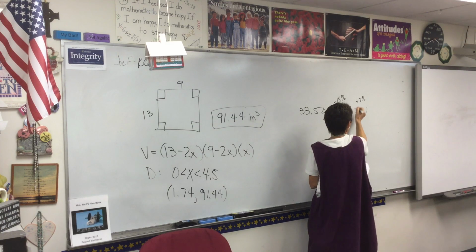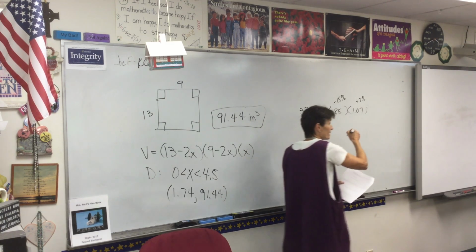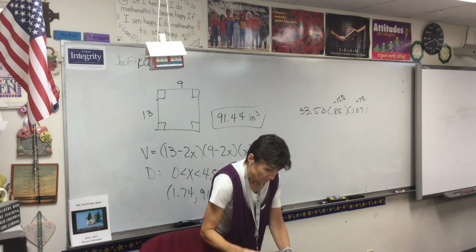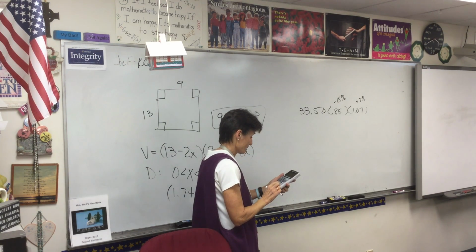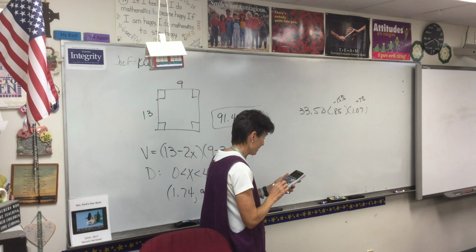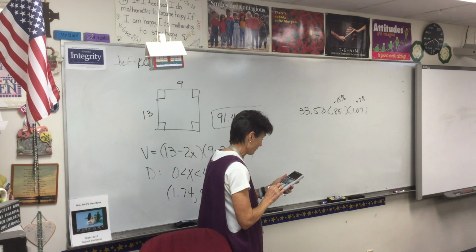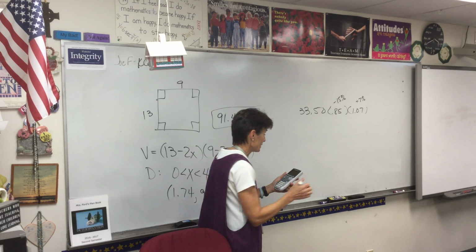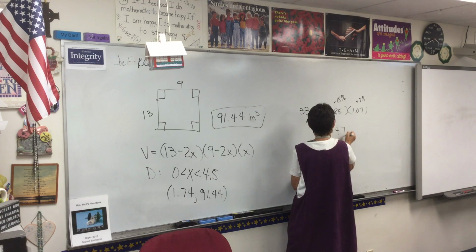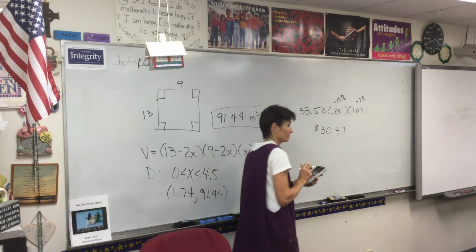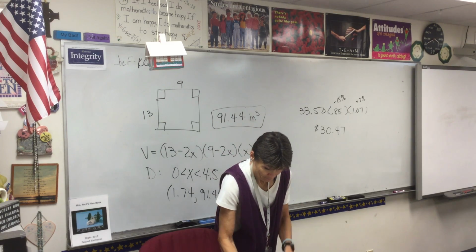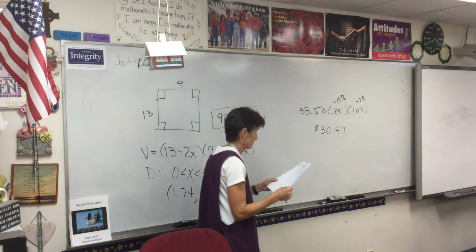And 1.07 because that is your add-on tax. So $33.50 times 0.85 times 1.07. Did you get $30.47? Did you get 468? Yeah. Okay, then you got 47.